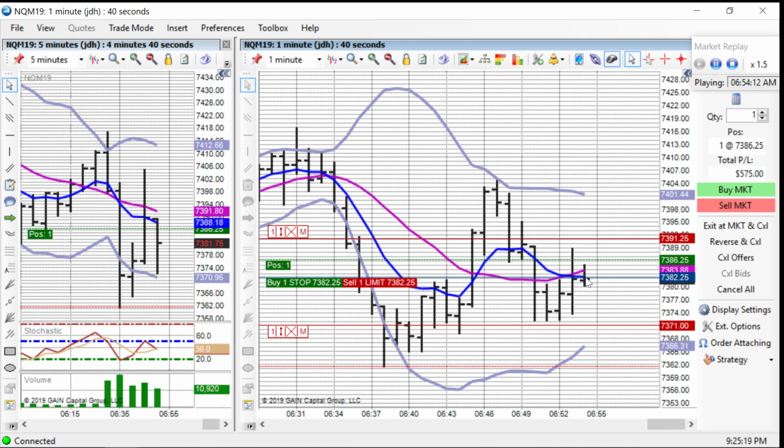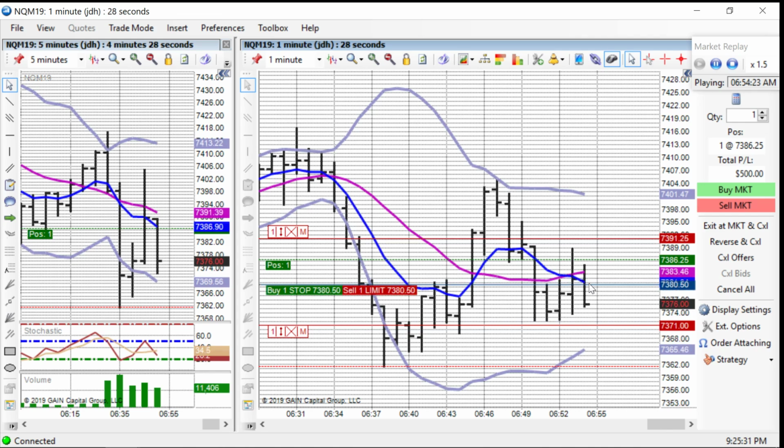You've got room for a short trade right here. So ideally, it would be very common to make a short trade right there, and that would have been successful. That would have been about 5 points right there.